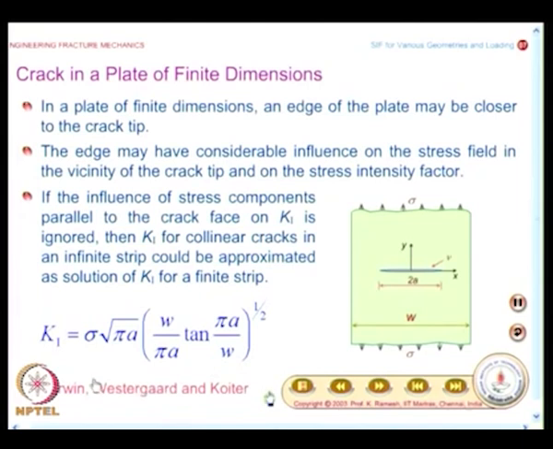So, when a by W ratio is small, the result for evenly spaced collinear cracks can be taken as the value of K1 for a finite strip also. We would not stop here, we would do the necessary modification.